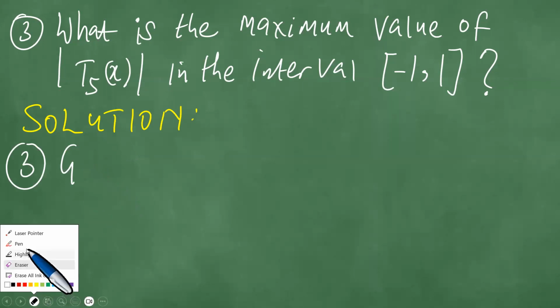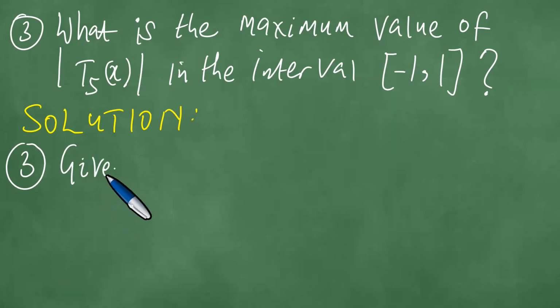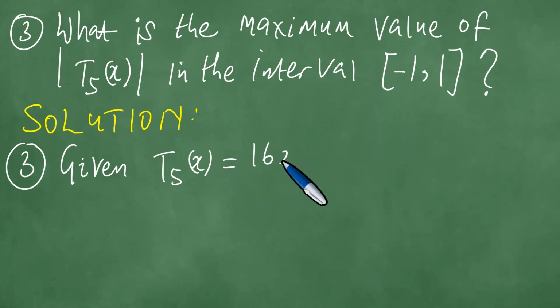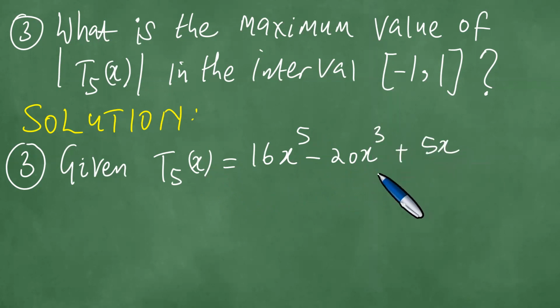Right, so here we're given T sub 5 of x, which is 16x to the fifth power minus 20x cubed plus 5x. So we take the modulus of this.